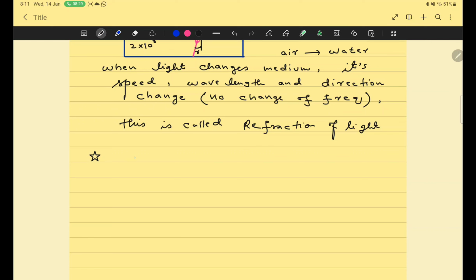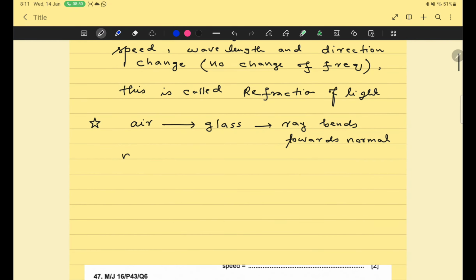When light enters from air into glass, then the light ray bends towards the normal. And when it bends towards the normal, then we have a formula, and the formula is sine, in trigonometry, sine, cos, tan.